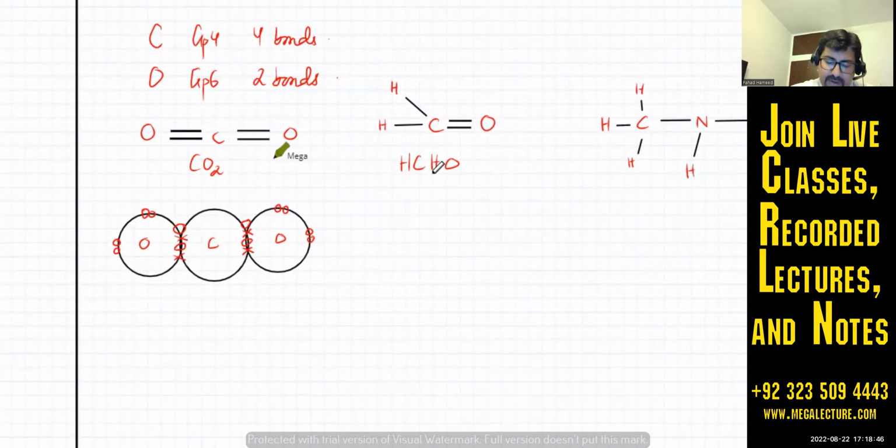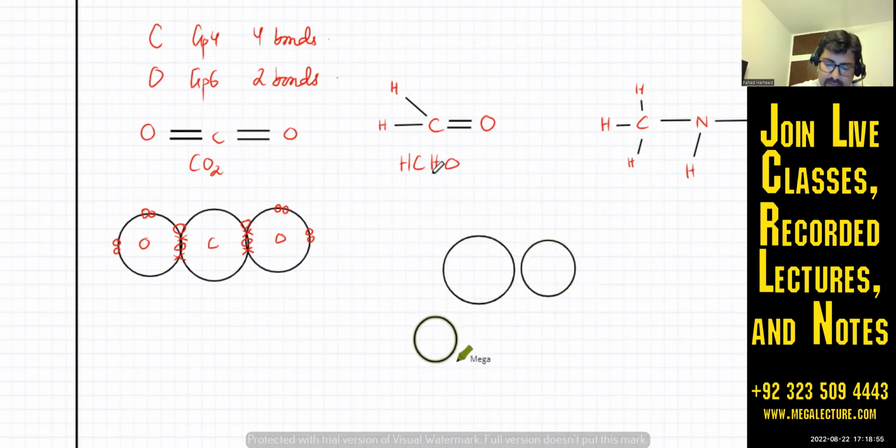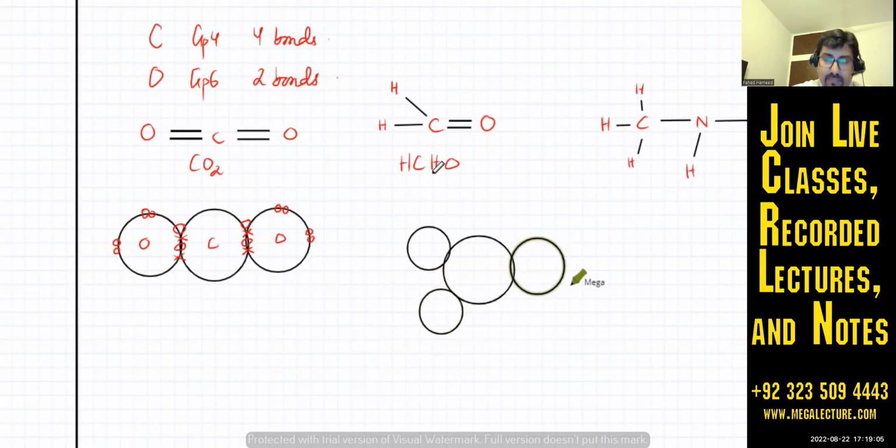Now similarly, if I want to draw HCHO, that's simple as well. You've got a carbon, you've got an oxygen, and I've got 2 hydrogens. Connect them in the same order, and so this is H. There's a double bond over here, so I'm going to draw sharing of 2 electrons.